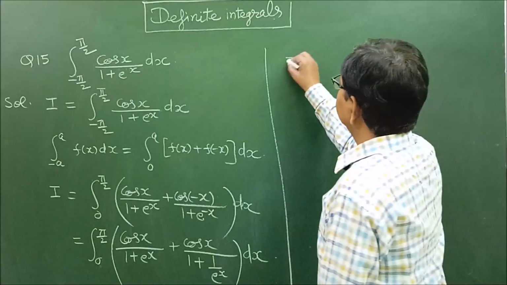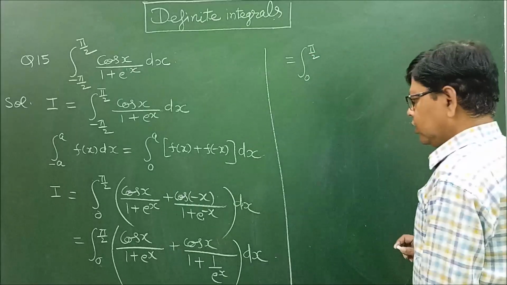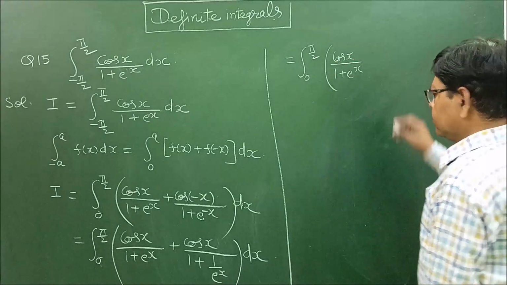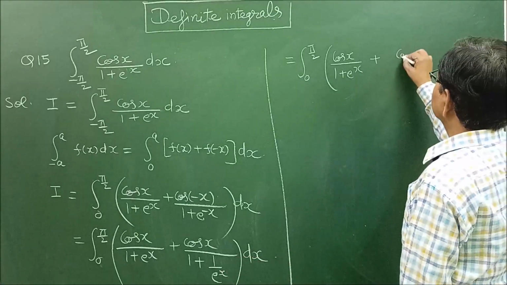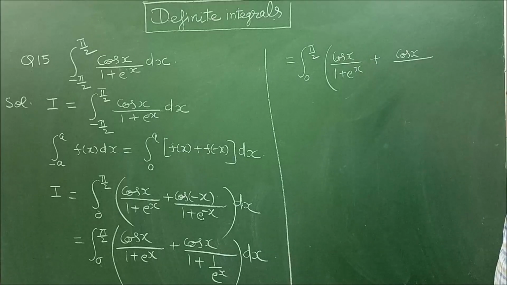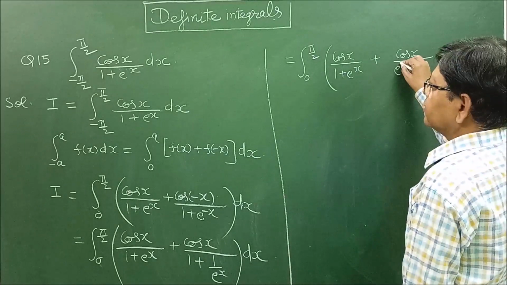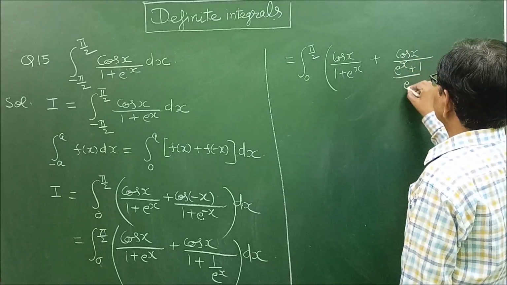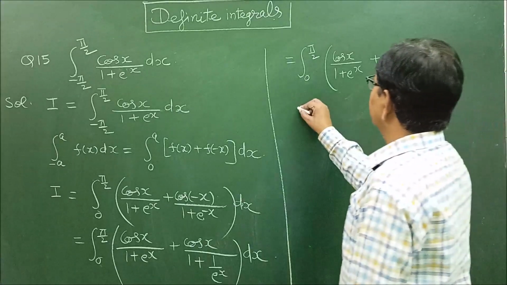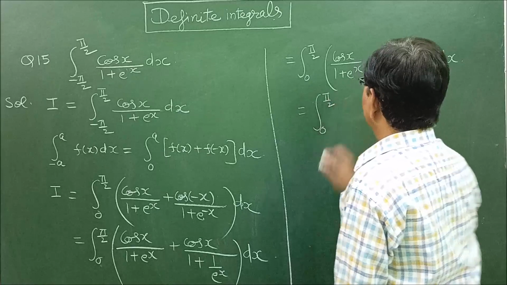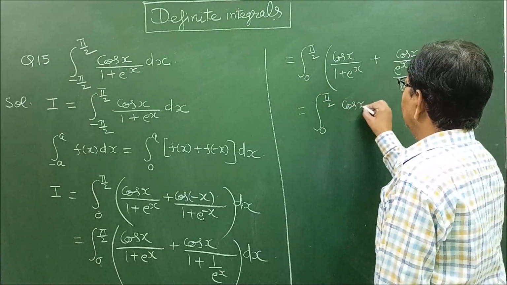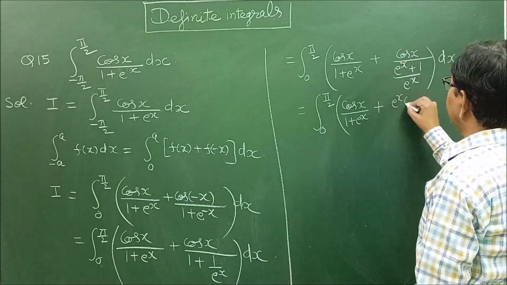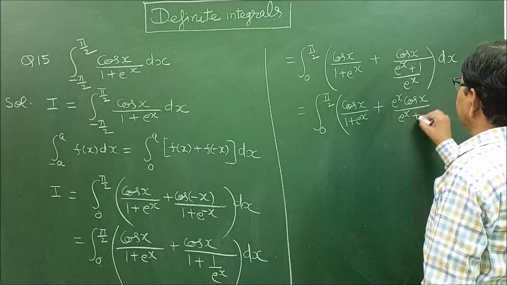On further simplification, the integral from 0 to pi by 2 of cos x upon (1 + e^x) plus, taking the LCM in the denominator, cos x upon (1 + 1 upon e raised to the power x) dx, which is equal to the integral from 0 to pi by 2 of cos x upon (1 + e^x) plus e raised to the power x multiplied in the numerator, e^x cos x upon (e raised to the power x + 1) dx.